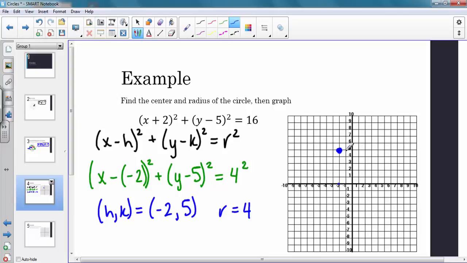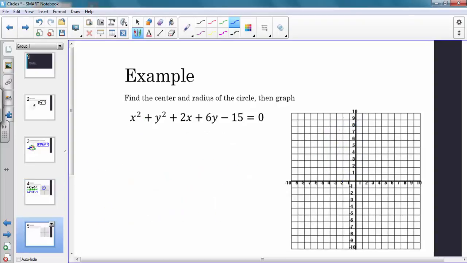We go to the right 1, 2, 3, 4, up 1, 2, 3, 4, to the left 1, 2, 3, 4, and down 1, 2, 3, 4. This allows us to more easily draw our circle connecting all of those dots. So now we have our center at (-2, 5) and our radius of 4.